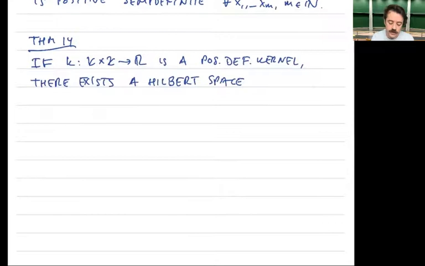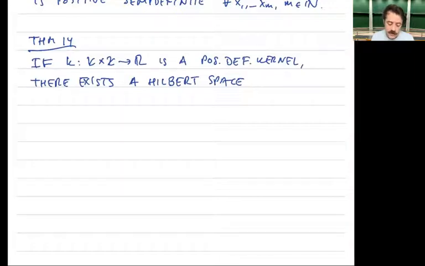We're not going to use the structure of a Hilbert space, but you should know that it has an inner product. It's a vector space that has an inner product, and we're going to use this inner product, so that's all we need from the structure of a Hilbert space for this course.